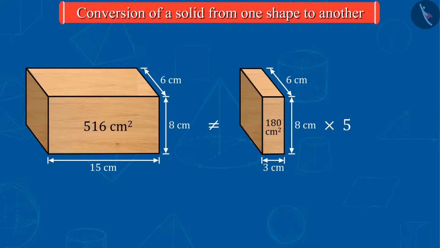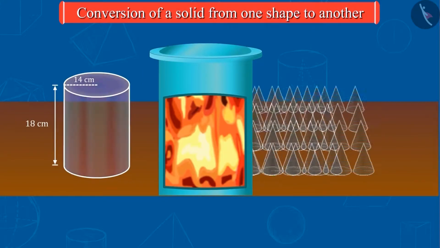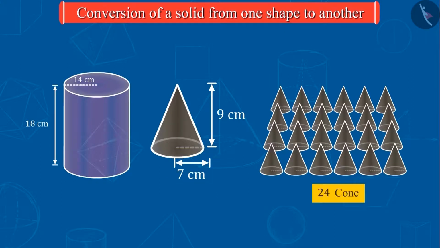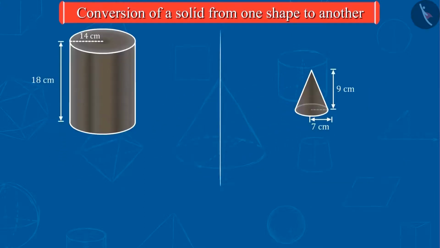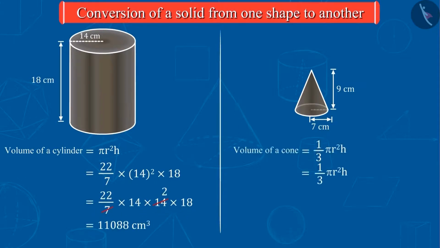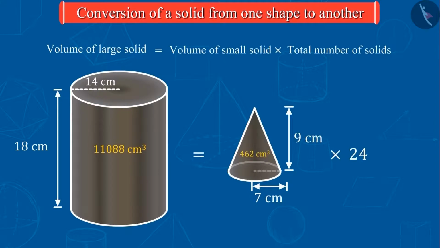Let's look at an example. If we melt this iron cylinder and make 24 cones of height 9 centimeters and radius 7 centimeters and then calculate their volumes, we will realize that this statement proves to be true even in this case.